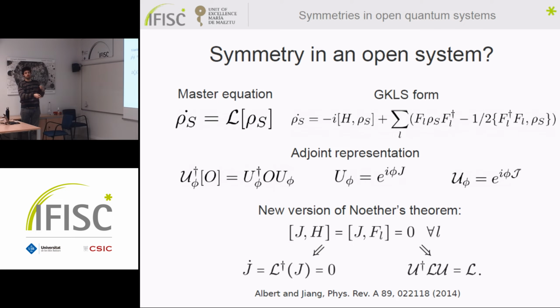It's a symmetry on the superoperator, all calligraphic, and we are living in a higher dimensional space. This was the old conserved quantity, the observable that does not change in time. The point is that there is no direct connection between a symmetry on the superoperator, so a symmetry now in our system, and the conserved quantity.